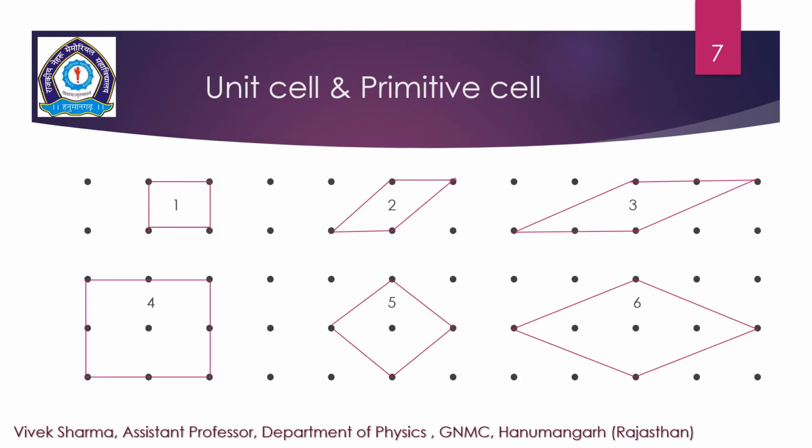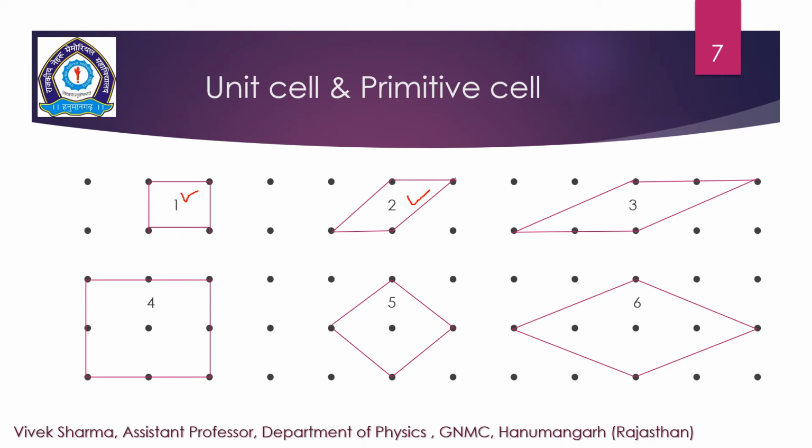Then the next slide. Again some examples are there. If we check these six unit cells, which one is primitive and which one is not? The first one is primitive. It is okay because only four points are there, which exist at the corners. The second is also a primitive cell.